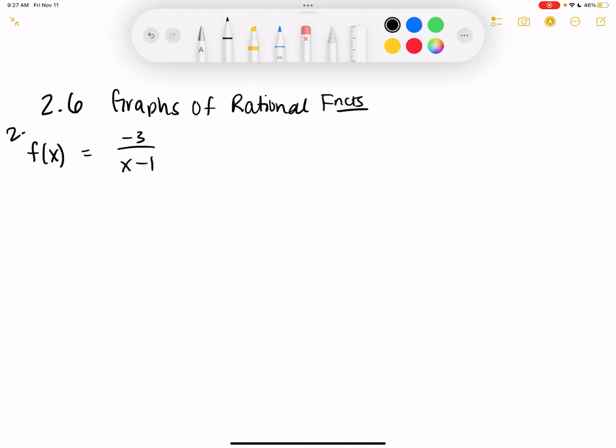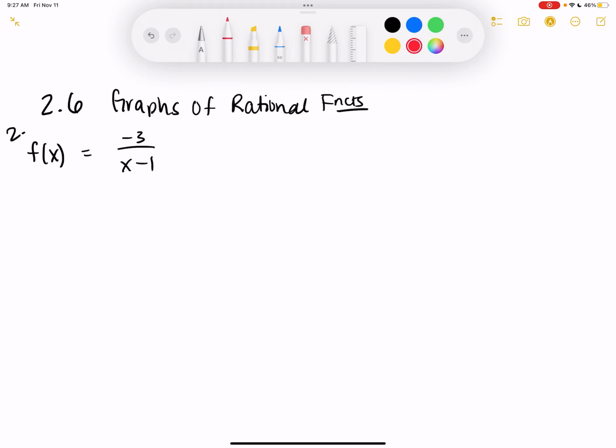What can we not have? Where does this not exist? Or where is it undefined? When the denominator is 0.